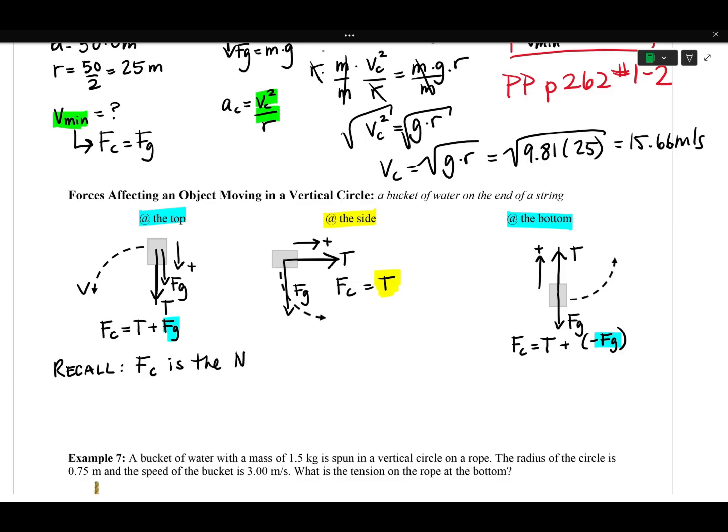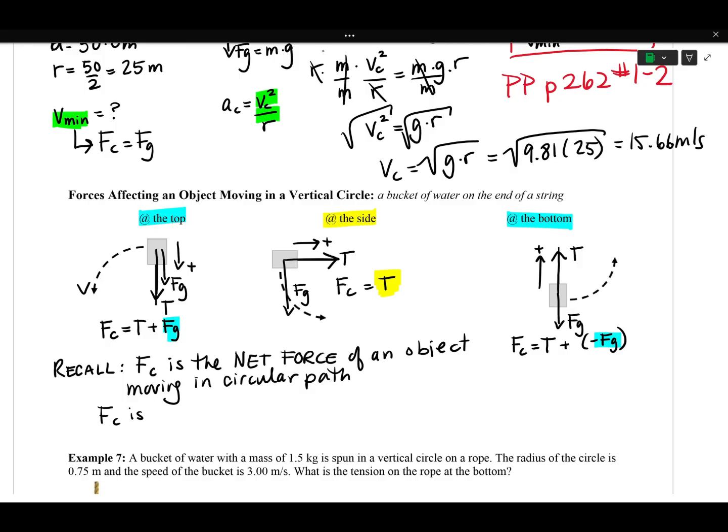Okay, so recall. Centripetal force is a net force. So it is the net force of an object moving in a circular path at any position.